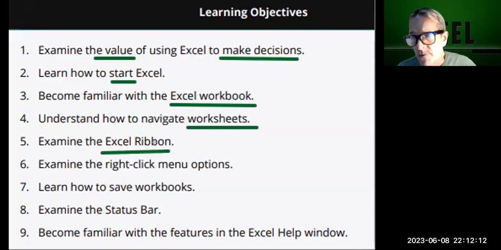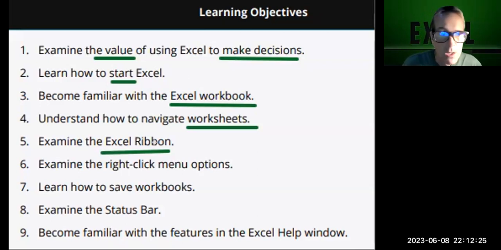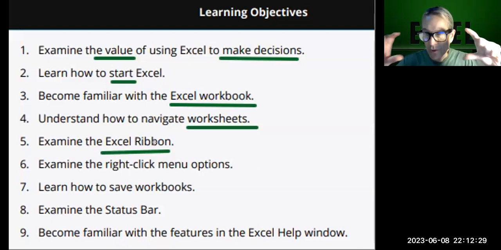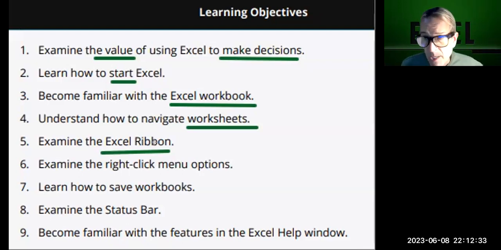If you have some knowledge of Microsoft Word and PowerPoint, and even Publisher or Access, then you are going to be already a little bit ahead. The Excel ribbon is the tool area at the top of the screen, and 50% of it is very similar to Microsoft Word. The way it works is exactly the way Microsoft Word's ribbon works.